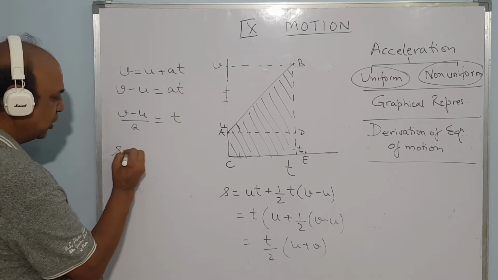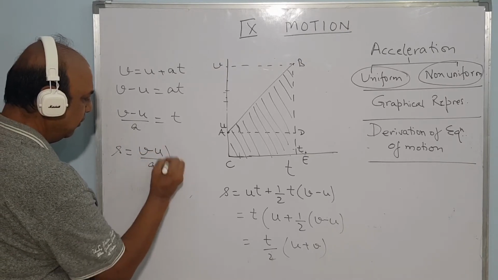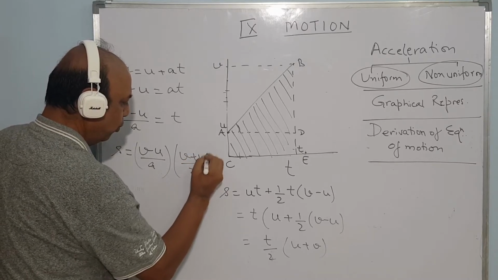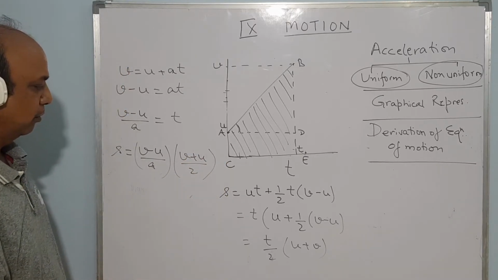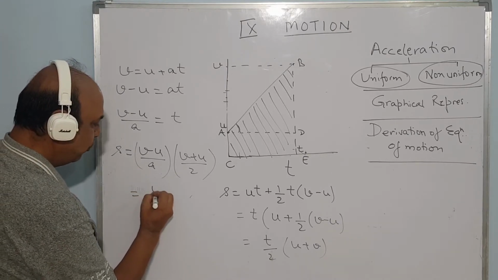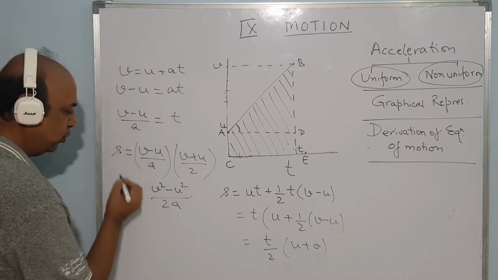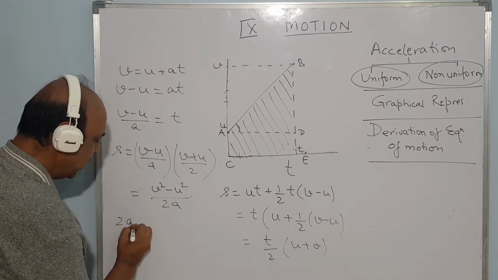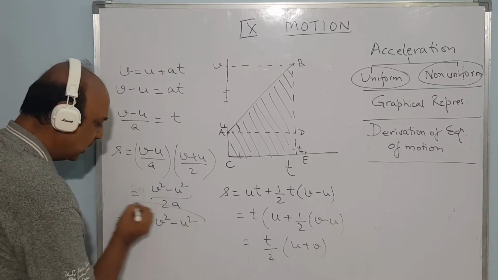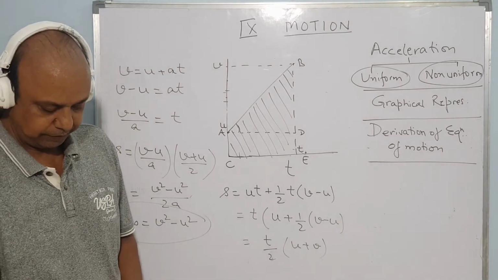We get s is equal to v minus u upon a into v plus u upon 2. What does this make? It makes v square minus u square upon 2a, or if I take 2a to the other side, 2as is equal to v square minus u square, which is our third equation of motion. V square is equal to u square plus 2as.